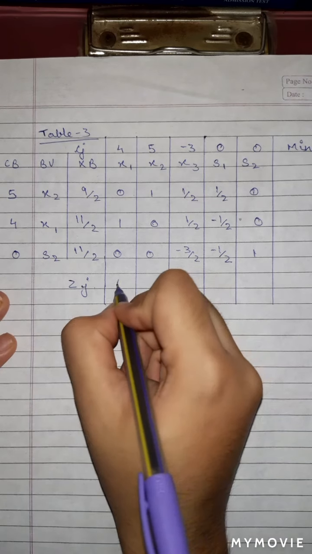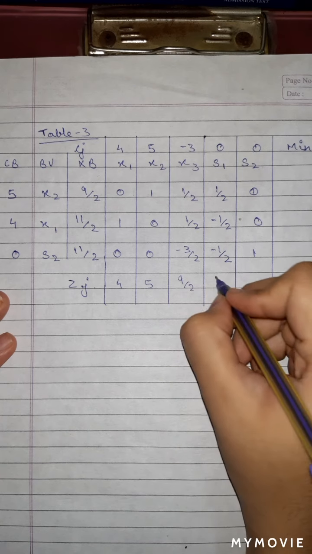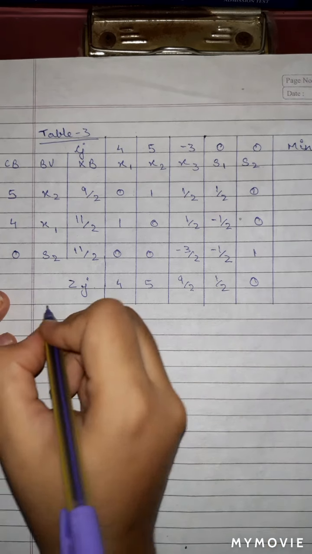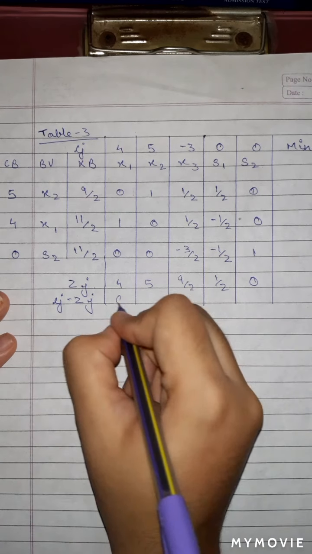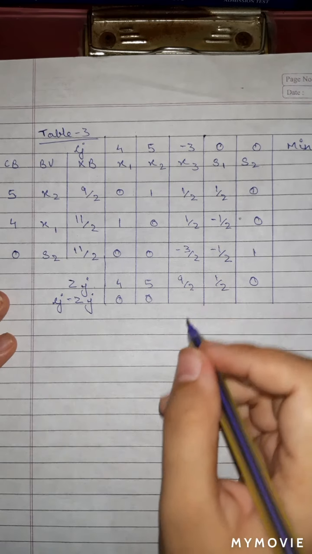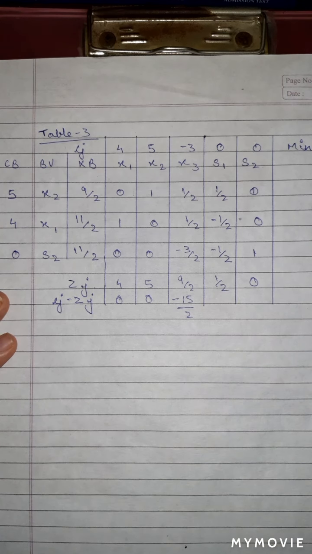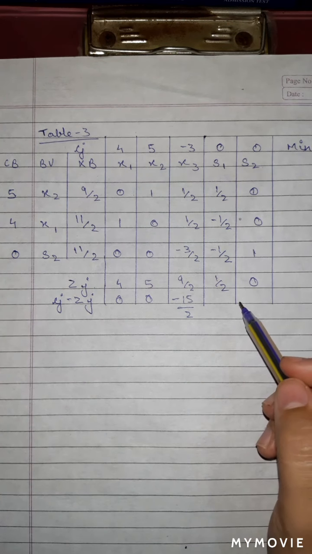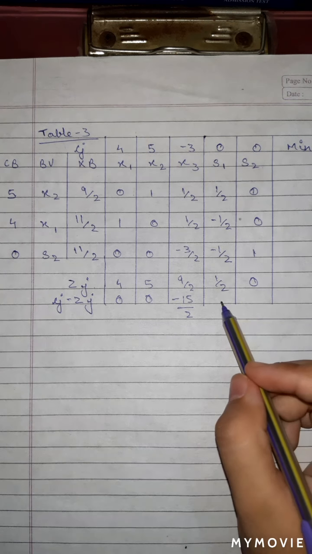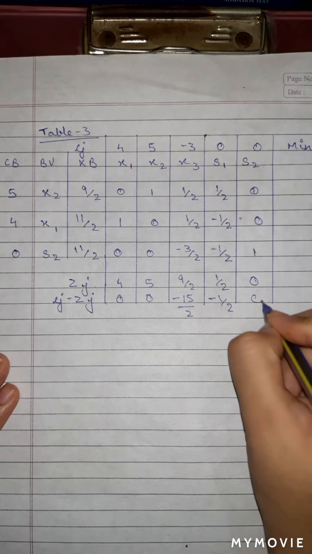So it will be like 4, 5, 9 by 2, 1 by 2 and 0, and Cj minus Zj would be 0, 0, -15 by 2 and -15 by 2, and this will be -1 by 2 and 0.